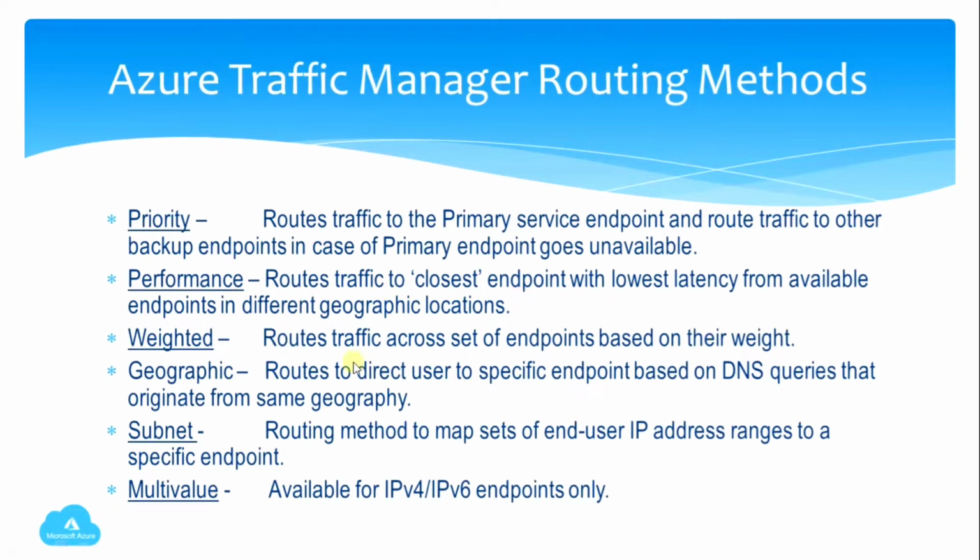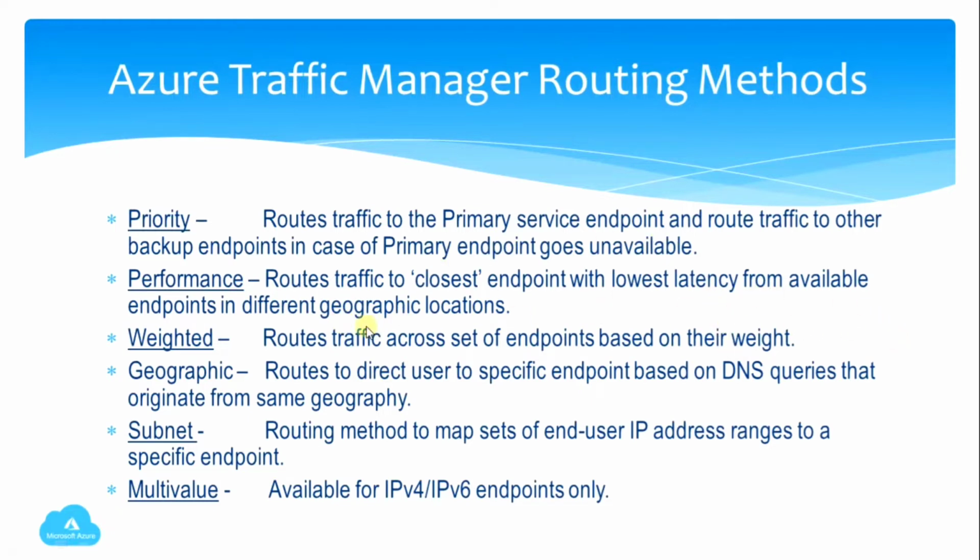For example, if we have two service endpoints and we have given a weightage of 70% to the first endpoint and 30% to the other, then 70% of the traffic will go to the first service endpoint, and 30% will go to the second.